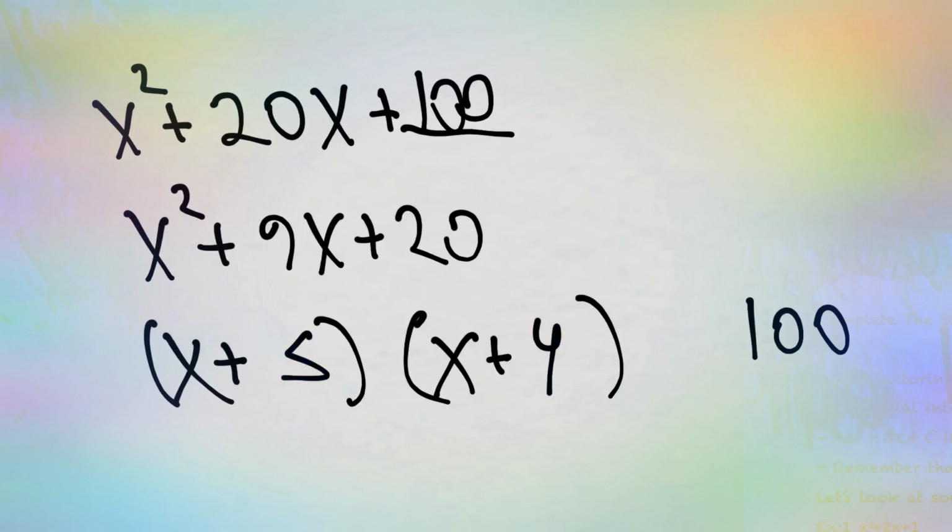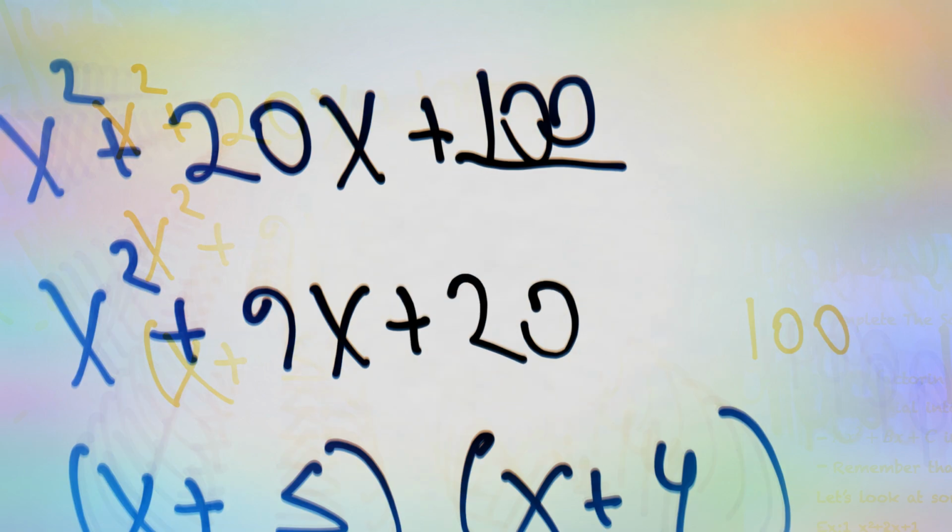The only reason I did that is that when I put that 100 in there, there is going to be a distinct product of numbers that will satisfy this middle part here.